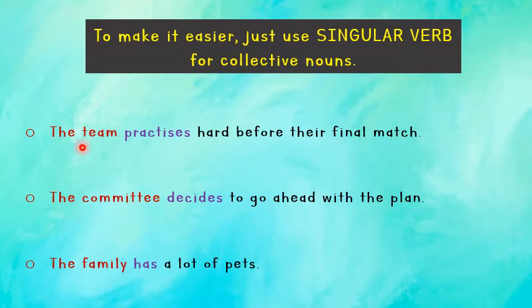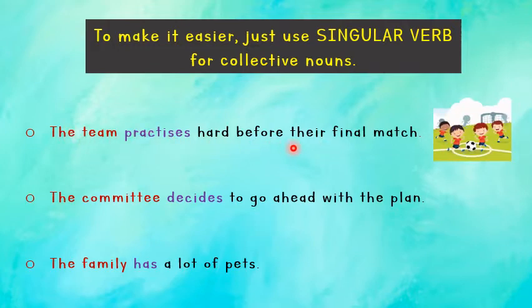Okay, the team. Berapa team? Satu team. So, kita guna singular verb. The team practices hard before their final match. Dia. Kenapa dia? Sebab sebelum semua pemain tu lah. Okay. So, the team practices hard before their final match.